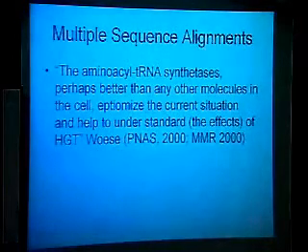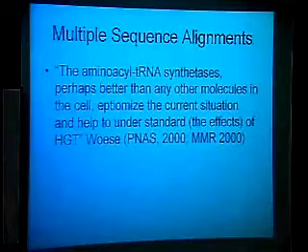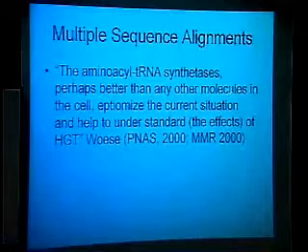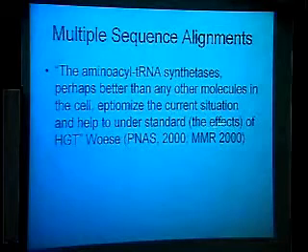So that turns us to looking at a particular protein. The one we've chosen for your tutorial is the aminoacyl-tRNA synthetases. If you listen to Carl, he really likes these because he says perhaps better than any other molecules in the cell, they epitomize the current situation and help us understand the effects of horizontal gene transfer.